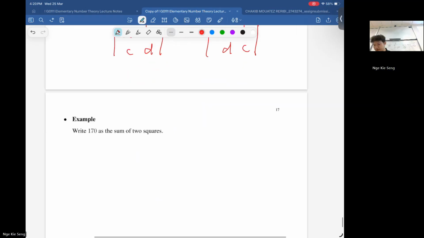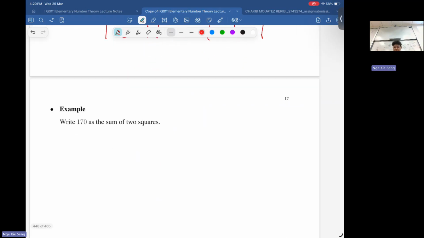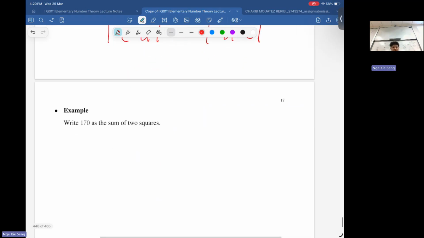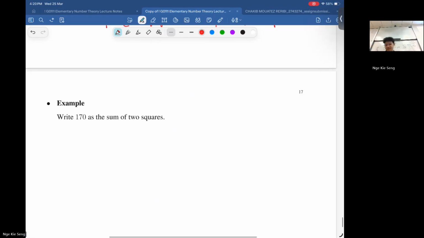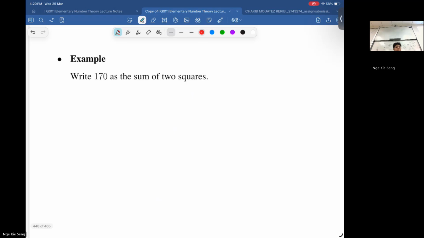Okay, right. So this one. Can you solve this with what we have now? We know that if two numbers are each a sum of two squares, then their product must also be a sum of two squares. This number is so big. Is it possible to just randomly guess which sum of two squares?